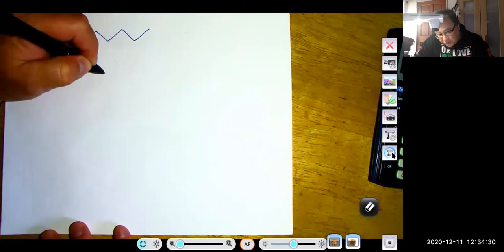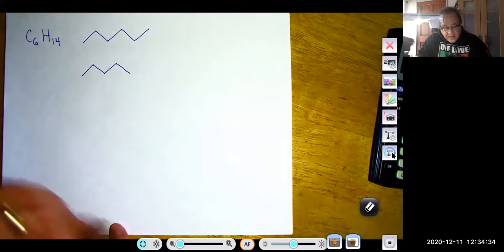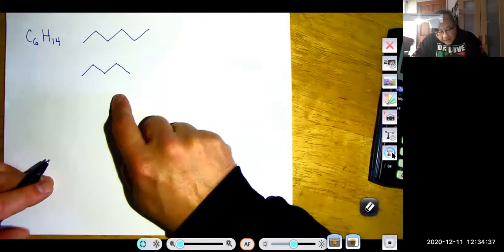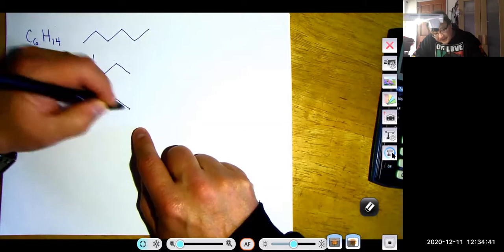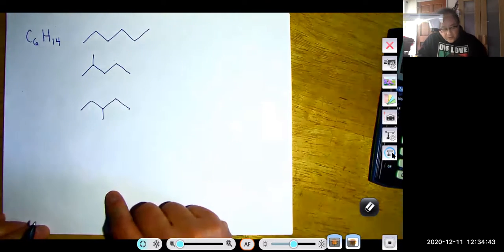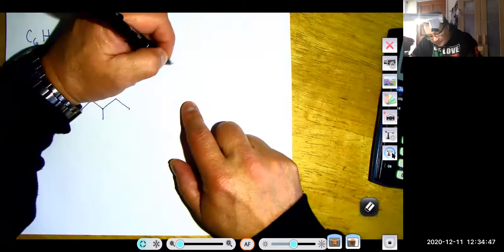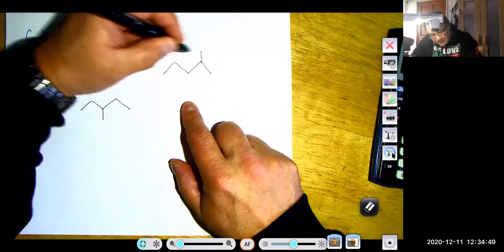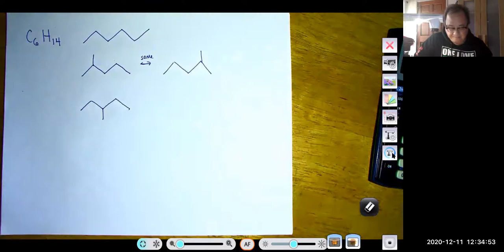So what you do is you break it down to only 5 carbons. And we have to put this 1 carbon unit somewhere. This is one place to put it. And this is the other place to put it. We could put it here, but if we did that, these are the same.